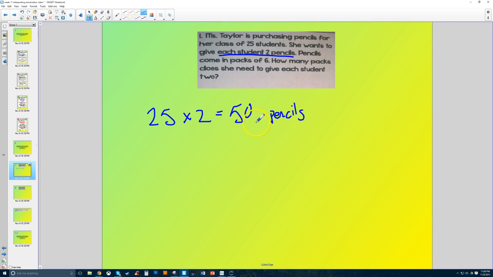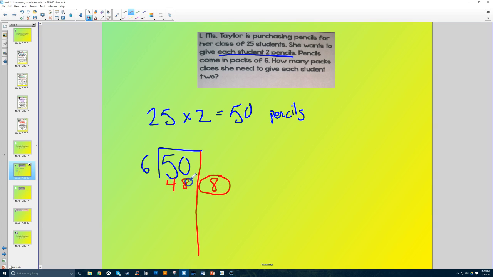And that's 50 pencils. Well, now that you know you have 50 pencils, you have to divide them into packs of 6. So that's 50 divided by 6. I'm going to use the forgiving method, so I'm going to draw my vertical line down. And I'm going to say, okay, how many 6s go into 50? Or 6 times what gives me something close to 50 without going over? Well, I know that 6 times 8 is equal to 48.